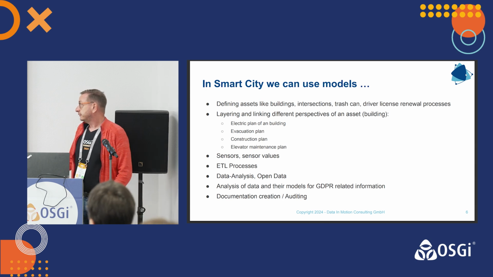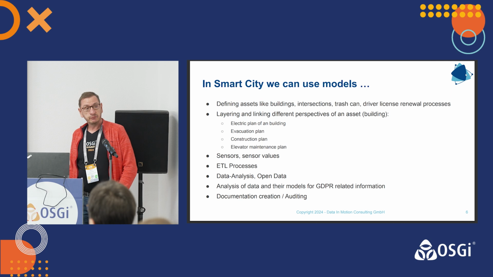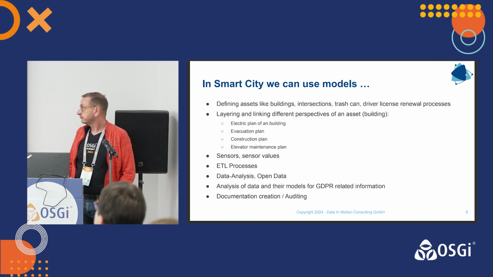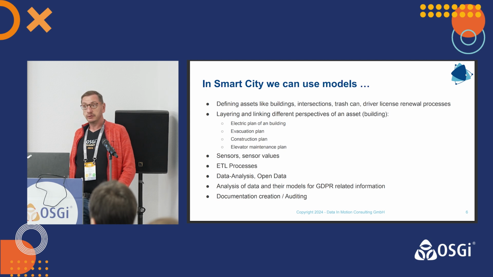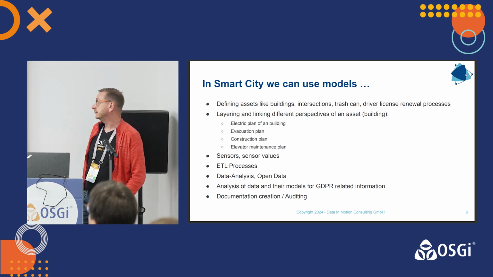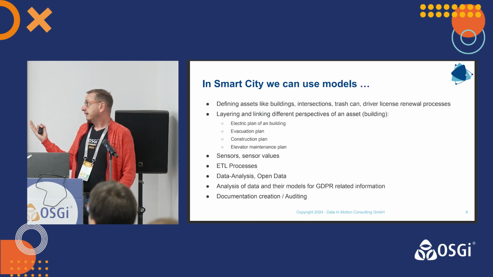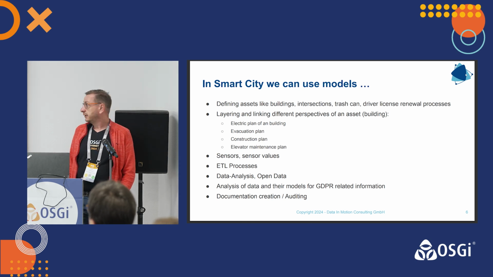In a smart city, some examples for assets can be buildings, intersections, trash cans as I mentioned, or a driver license renewal process. We can layer the different perspectives of an asset.